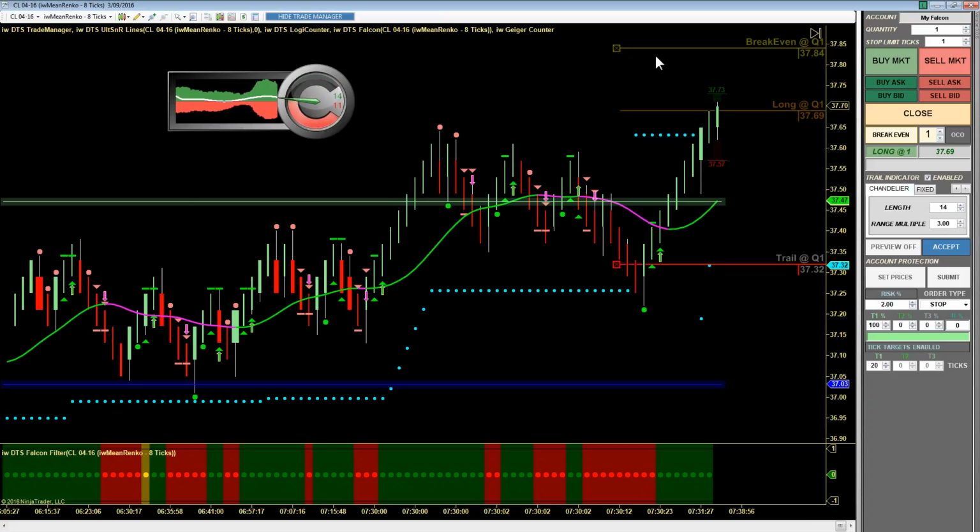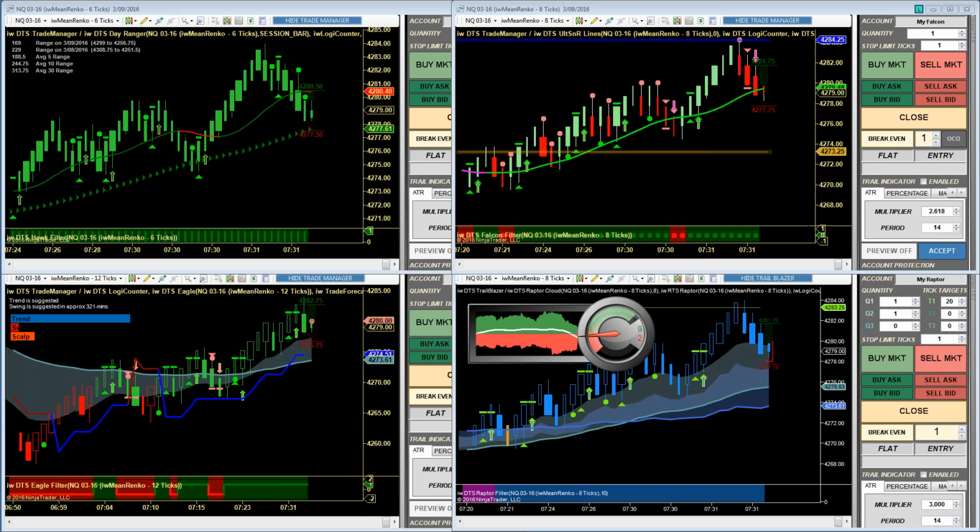We have our break-even trigger in play. The only thing you don't have in this case is a preset profit target when you're using your OCO orders. All right, we're going to put that one on the shelf for a moment, let that percolate a little bit.